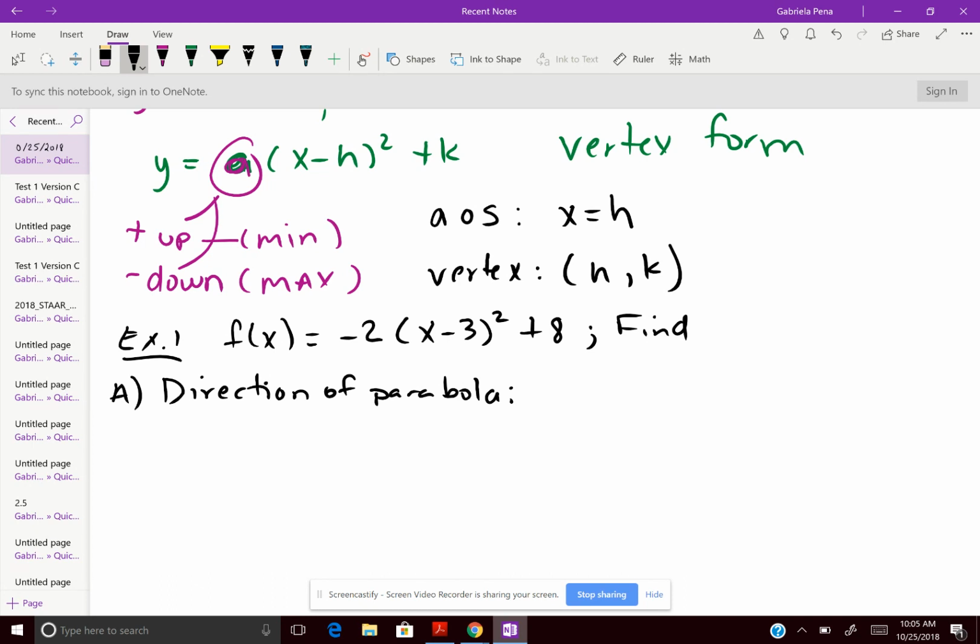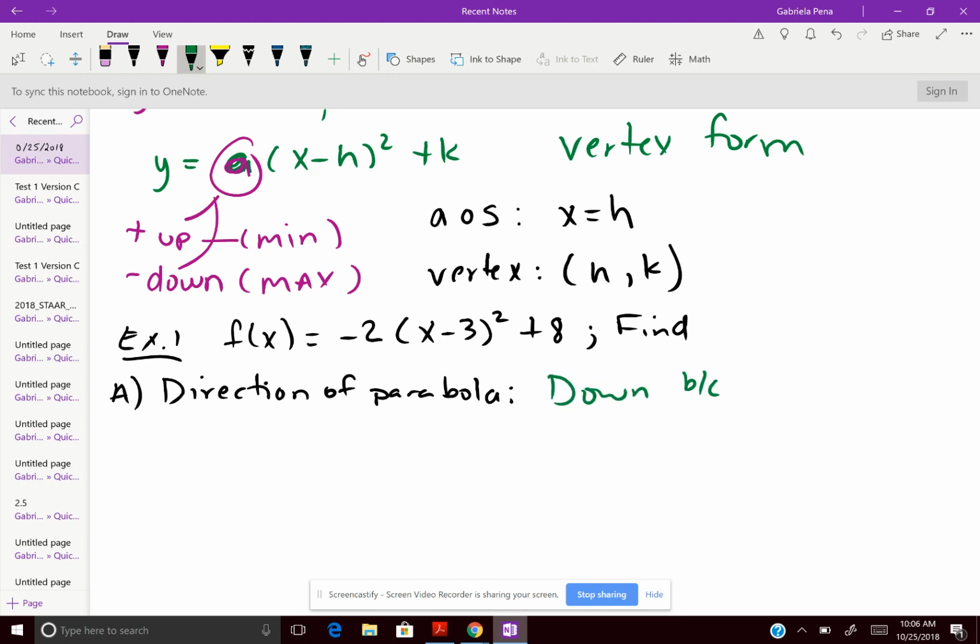So they're going to give you the function -2 parentheses x minus 3 squared plus 8. First thing that they're going to ask, what is the direction of the parabola? That means, does it open up or does it open down? The answer is down. Why? Because it's a negative A. Your A is -2. So this one's going to open down.